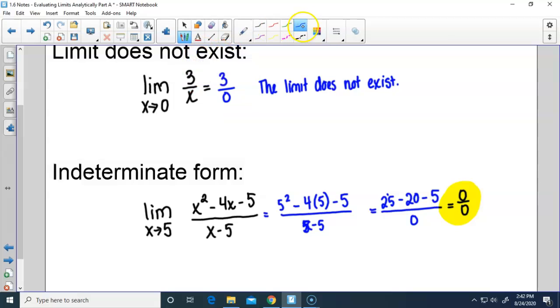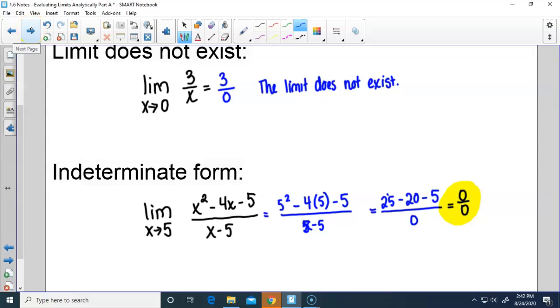However, for right now, I'm going to let you guys do this. For right now, we just need to know that we get 0 over 0, and then the work that the AP exam wants to see is what comes after that. Whenever we get to L'Hopital's rule later, we will have to know the right way to write that, but we're not going to be doing that right now.